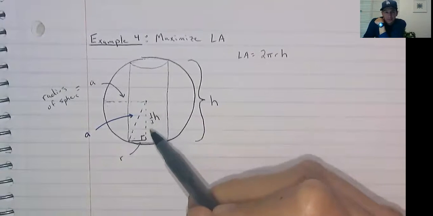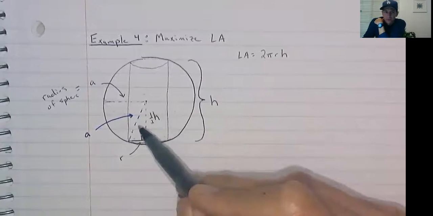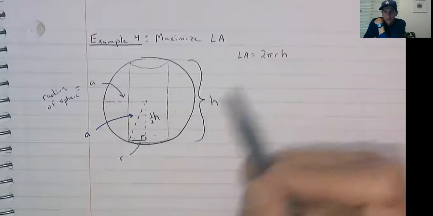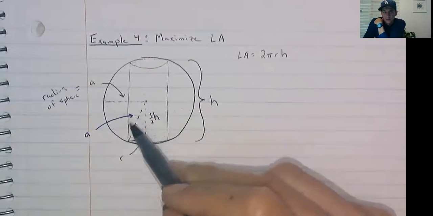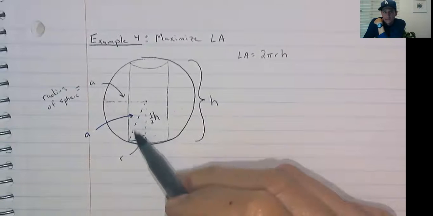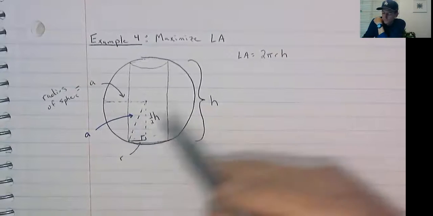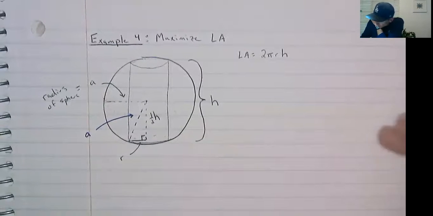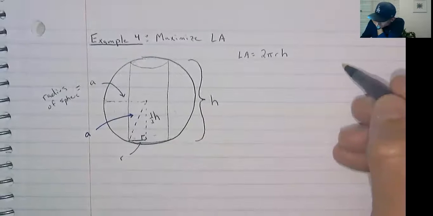Anybody see maybe what we can do? Well, let's pull this guy out because I've got H here and I've got R here, but we need it in terms of A. So let's draw the triangle. I'm going to do it off over here.